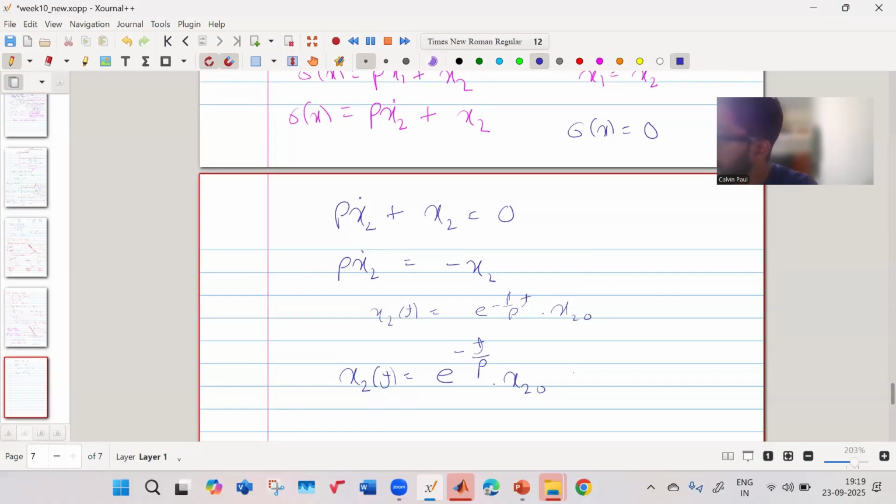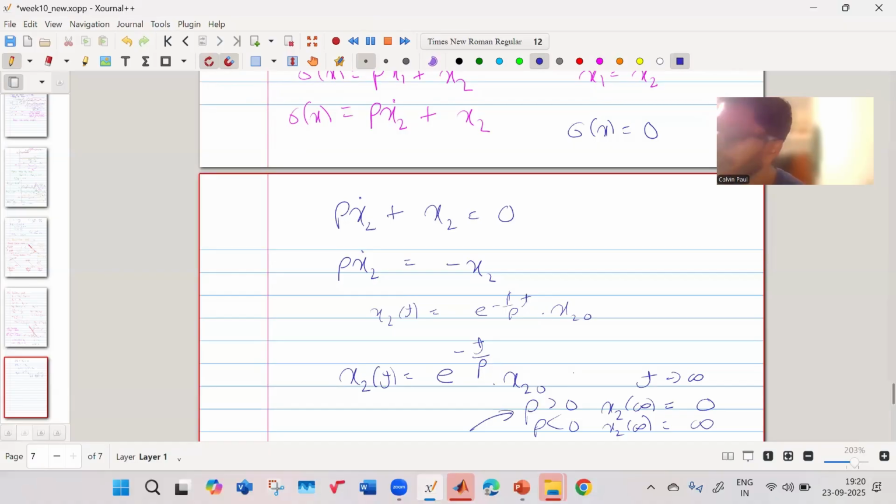So where will it settle? When time t tends to infinity, what will be your x2 infinity? If p is positive, then it will go to 0. So it depends on the condition. If p is greater than 0, this will go to 0. If p is less than 0, what will be your x2 infinity? Infinity. Right?